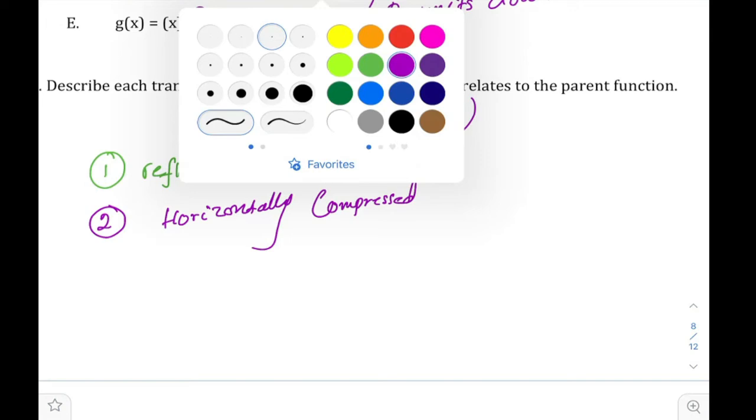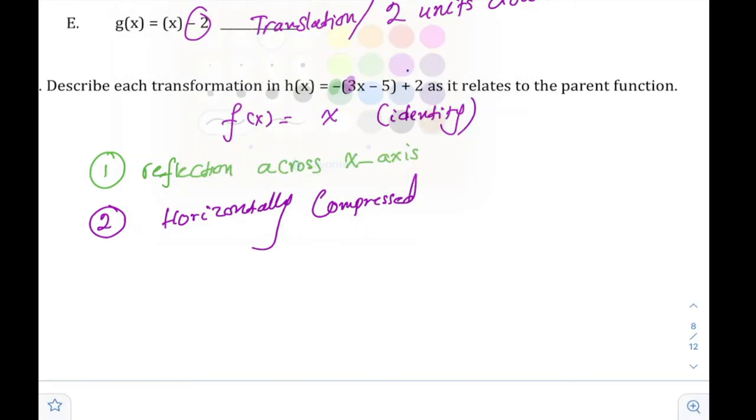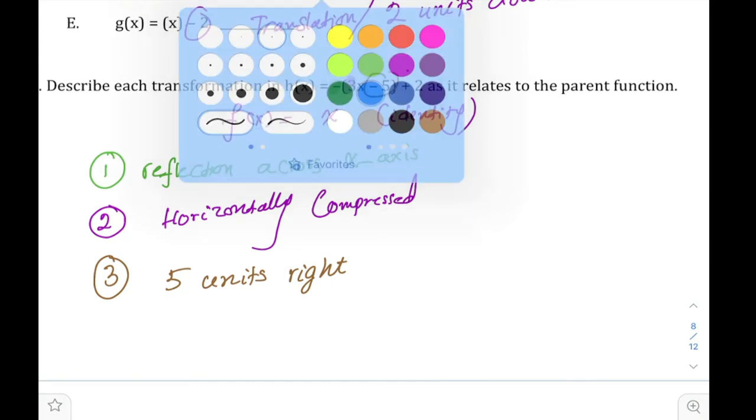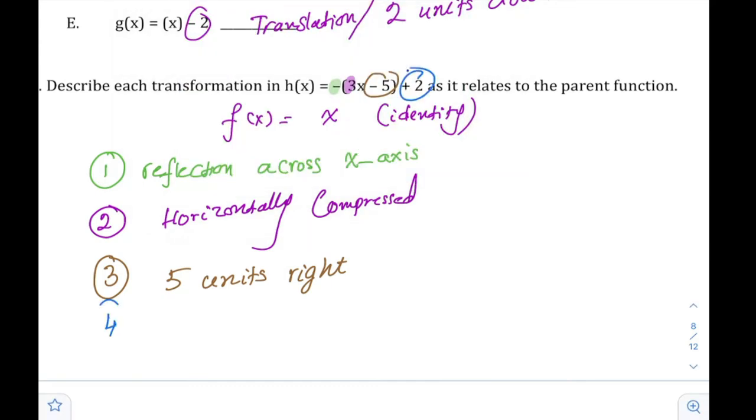And number 3, we have here -5 inside the group, so it is 5 units translation horizontally, 5 units to the right. And the last thing we have here, the 2 is outside, so it is vertical translation, 2 units up.